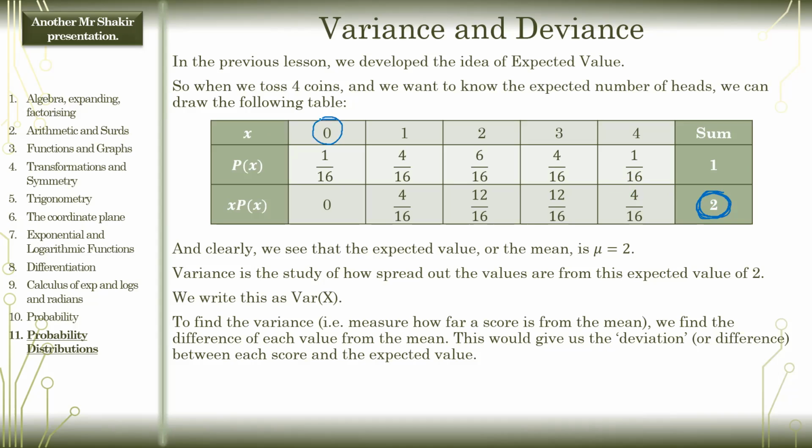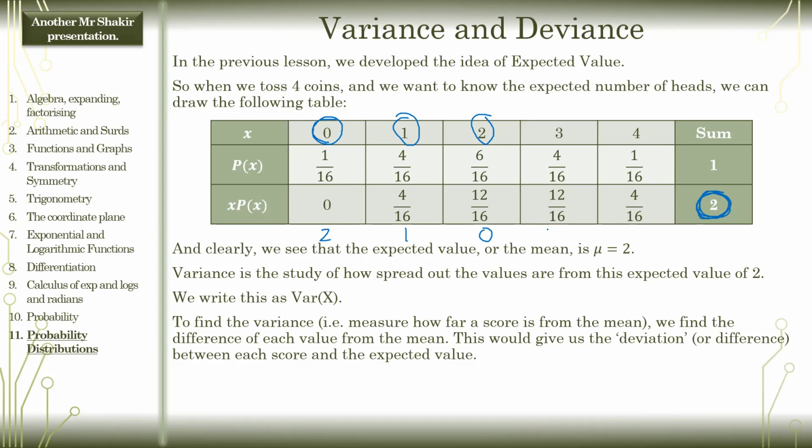How far away is this from the mean? So we do the difference between 0 and 2, and we write 2. The difference between 1 and 2, we write 1. The difference between 2 and 2, we write 0, and so on. So we're trying to find out the distance of each score from the mean, from the expected value, from the average.